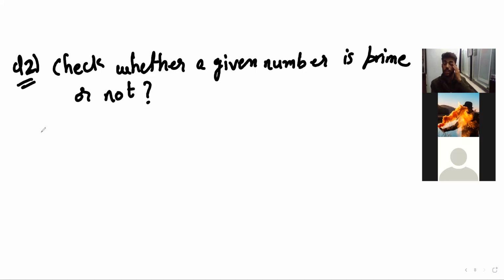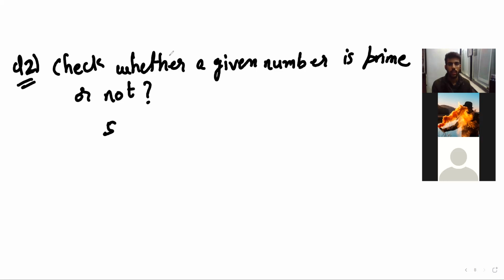Are we familiar with what a prime number is? Yeah. Okay, can you tell me what is the smallest prime number? It has to be divisible by itself and one, I think. Yeah, right.